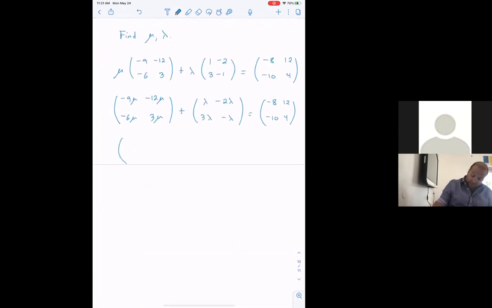And this gives me -9 mu plus lambda, -12 mu minus 2 lambda, -6 mu plus 3 lambda, 3 mu minus lambda equals -8, 12, -10, 4.